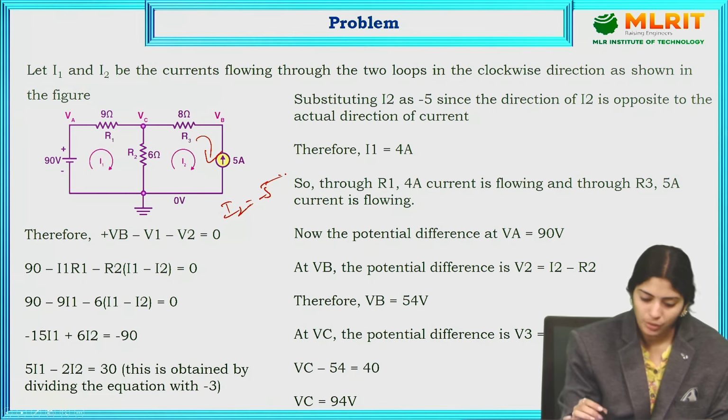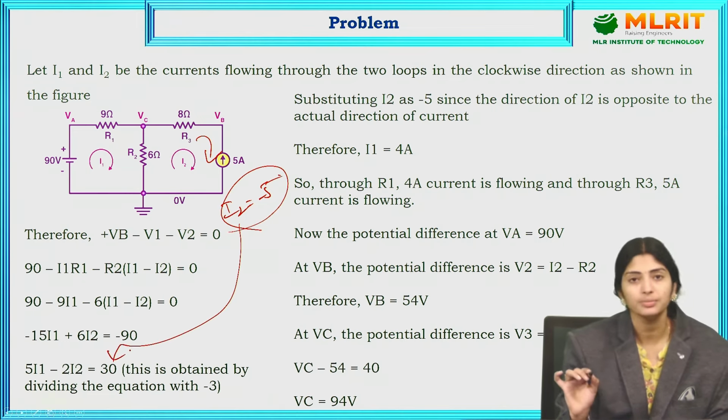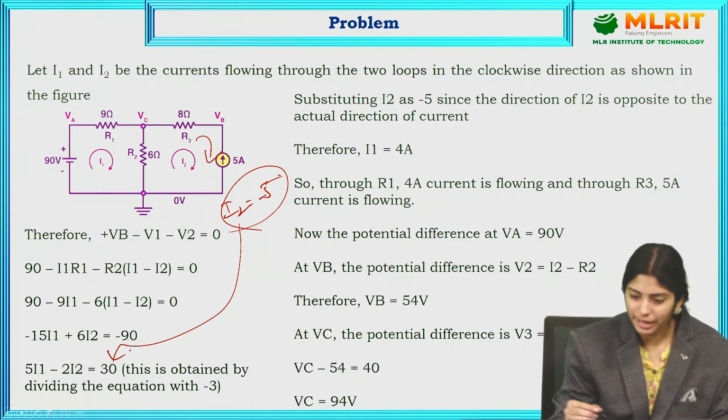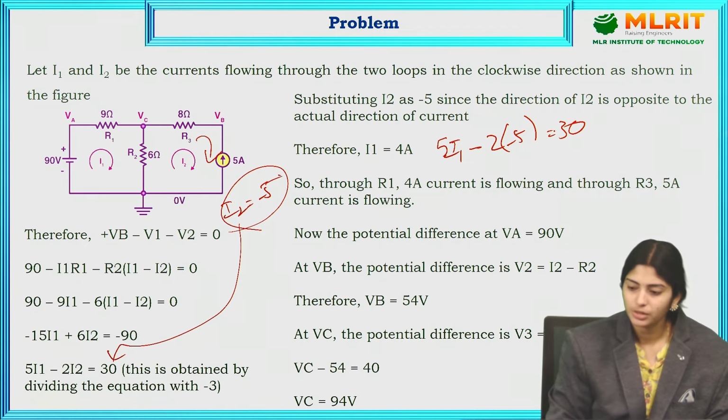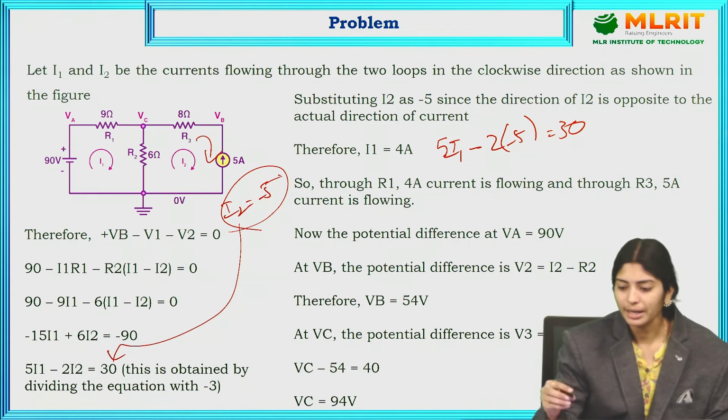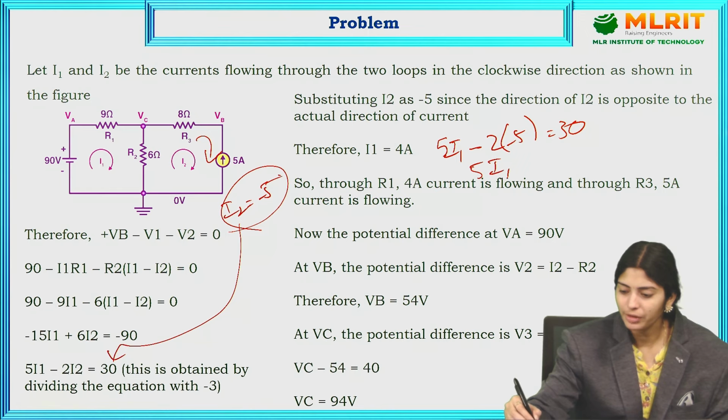So we can substitute the value of I2 in this equation. So 5I1 minus 2 into minus 5 is equal to 30. With this we can get the I1 value. So 5I1, 2 fives are 10, is equal to 30.